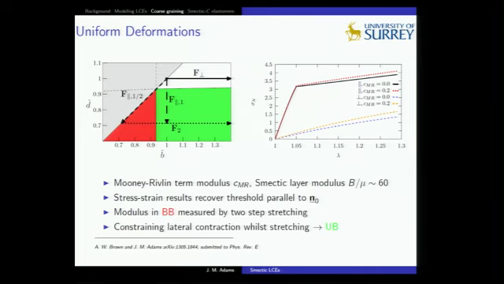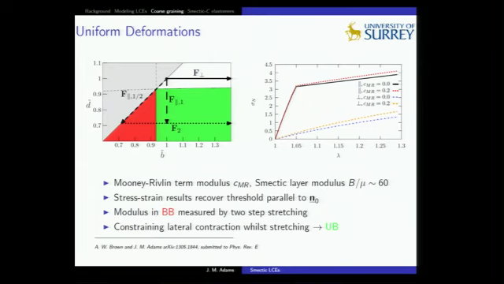And you just move in this direction, and the sample has a modulus that's similar to the rubber modulus. And if you change the value of this Mooney-Rivlin term, so this C_MR denotes the modulus associated with the Mooney-Rivlin term, then you can change the stiffness in that direction by a small amount.